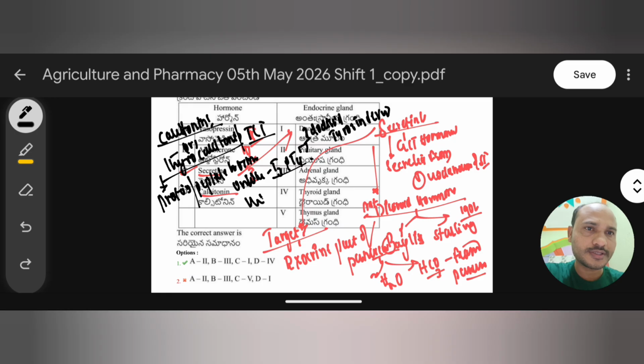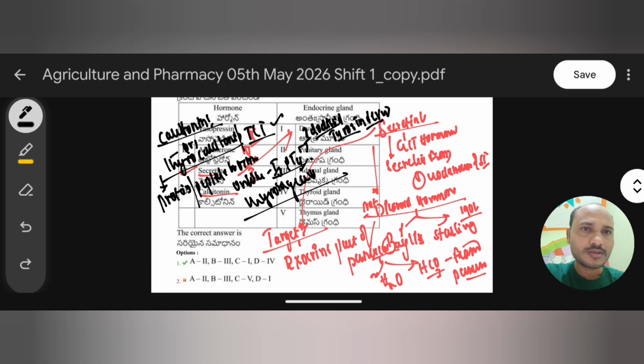Calcitonin is also secreted from the thyroid gland. The thyroid gland secretes T3, T4 and TCT, but TCT is the only peptide or protein hormone, while T3 and T4 are iodinated tyrosine derivative hormones.